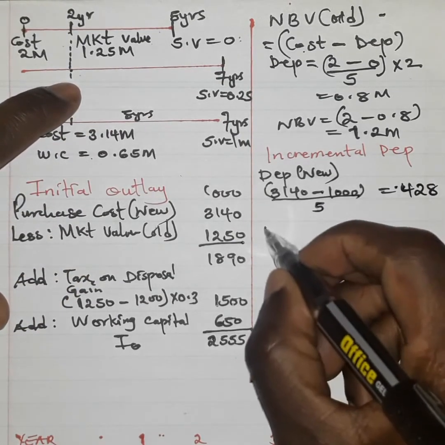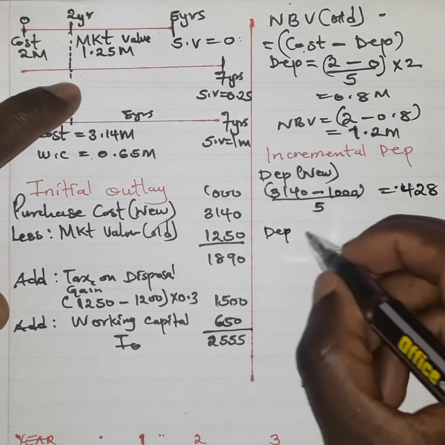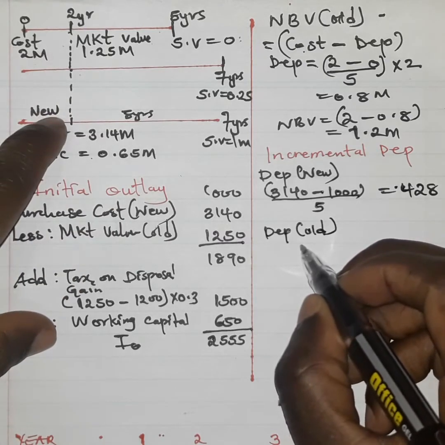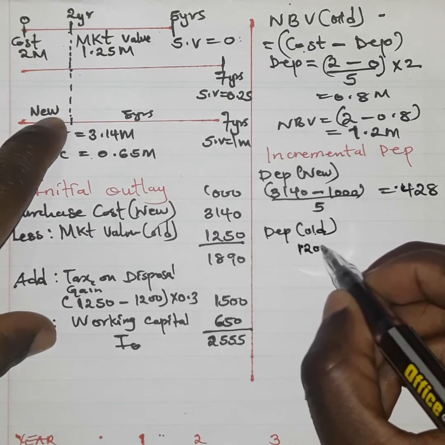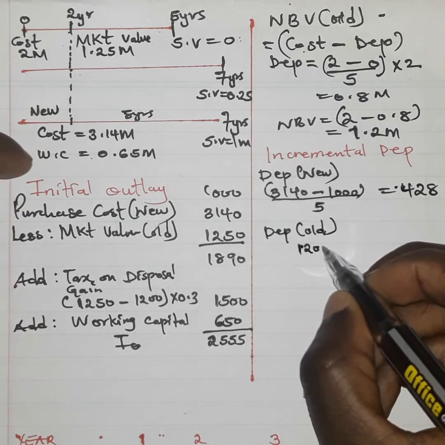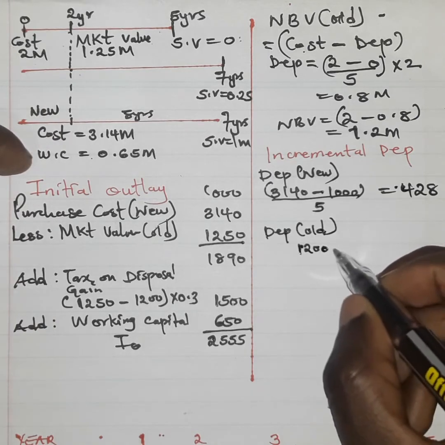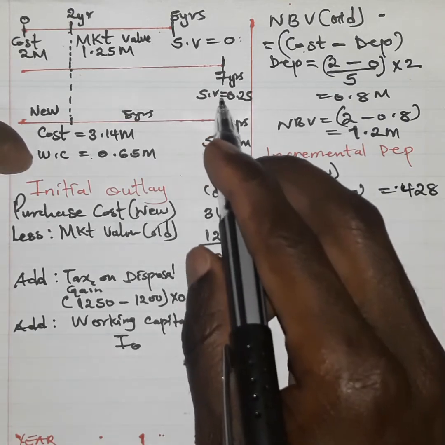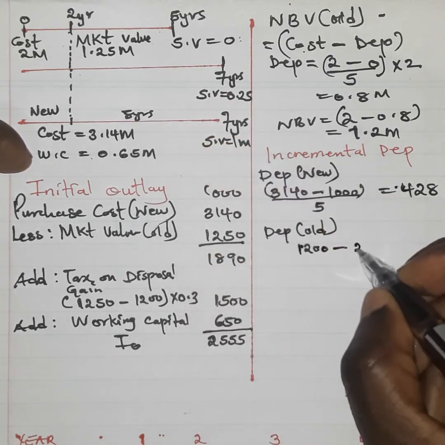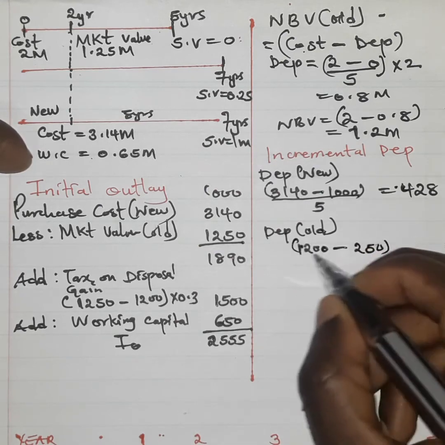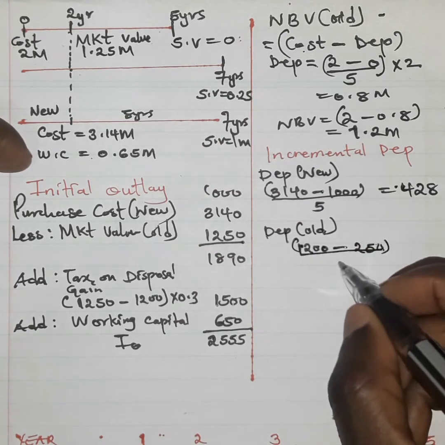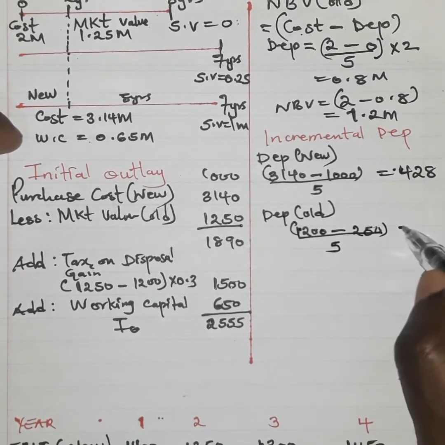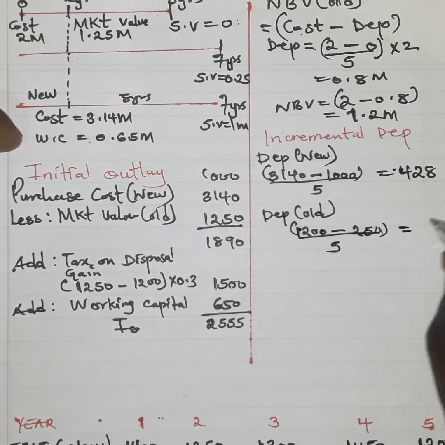Then you talk about the depreciation of the old machine, which is again its cost, which was 1200, minus the salvage value, which we are given to be 0.25 million, which is 250, divided by its useful life upon revaluation, which is 5, and we get a value of 190.